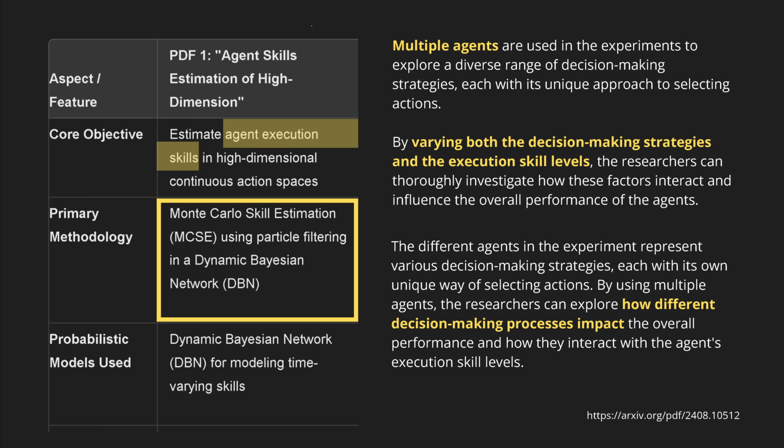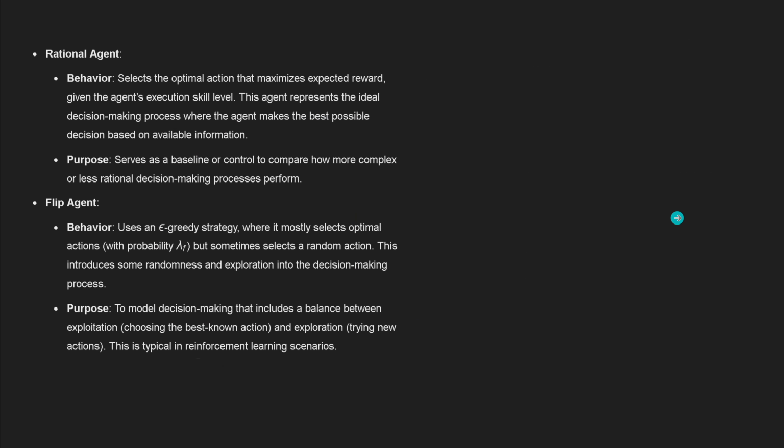And by using multiple agents, where each agent is doing something a little bit different from the other, the researchers can explore how different decision-making processes impact the overall performance and how they interact with the agent's execution skill levels. So what we do now is we don't say, okay, we have just one agent with a complexity, but we break it down into multiple simpler agents. Let's have a look at this.